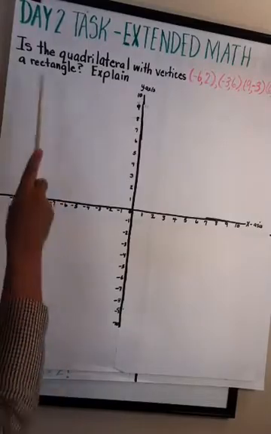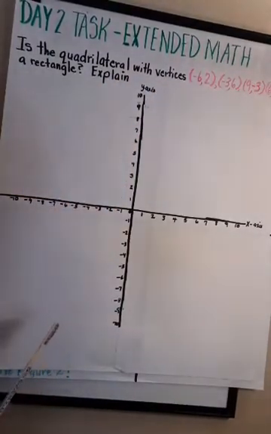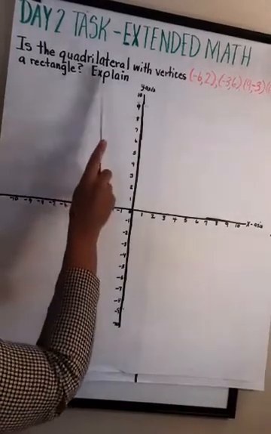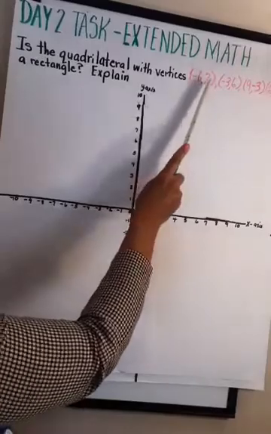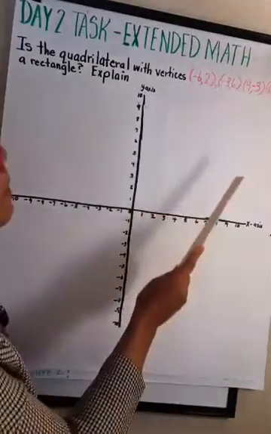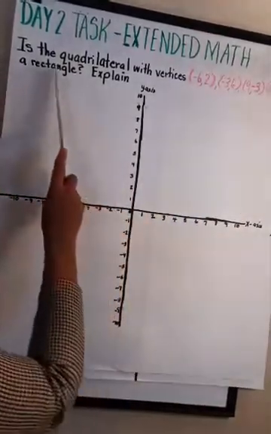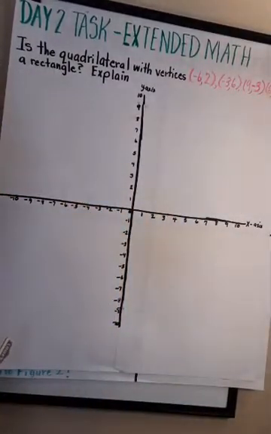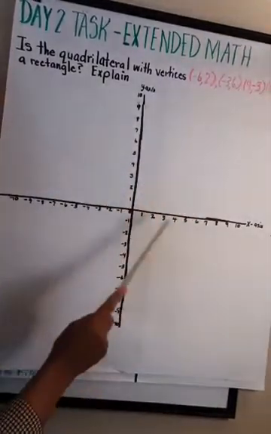It says, is the quadrilateral with vertices (-6, 2), (-3, 6), (9, -3), and (6, -7) a rectangle? Is it a rectangle? Explain. I'm going to give you a couple of minutes to begin plotting these on the coordinate plane.